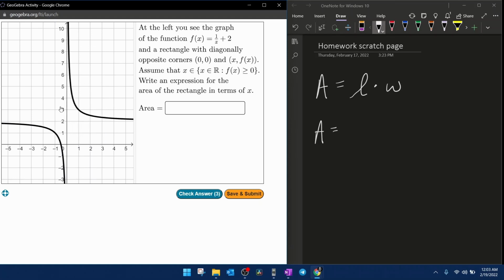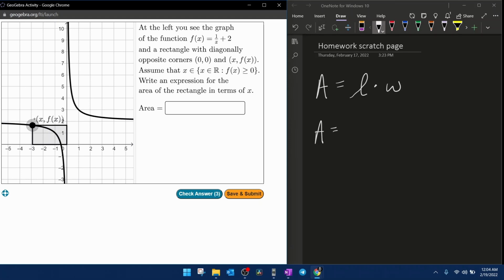Now, watch this. If I click and drag over, you can see that this rectangle also takes into account negative values of x, but we know that the area of a rectangle cannot be negative, so we're going to need some way to make the x positive no matter where we are on the graph.